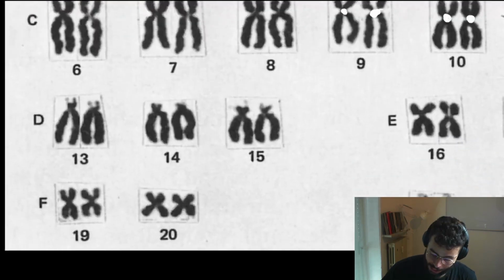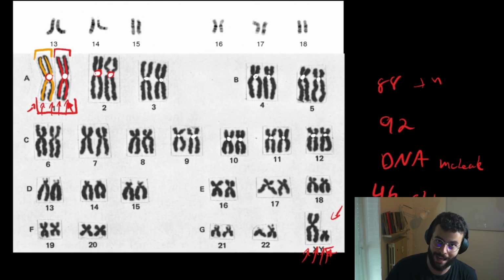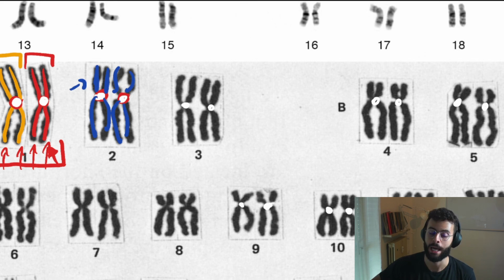But after the replication, and I know I'm repeating it a lot, but it's so important to remember for the exam, we still have 46 chromosomes, but we have 2 DNA molecules for 1 chromosome. 2 for the maternal and 2 for the paternal. And this is a very important point to remember, which you are going to see in the future.